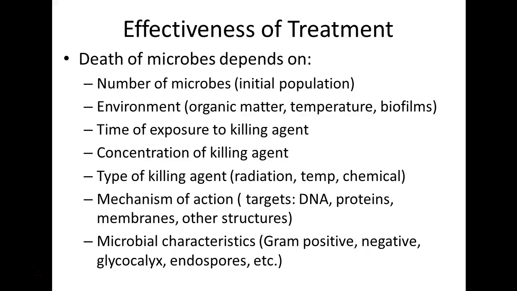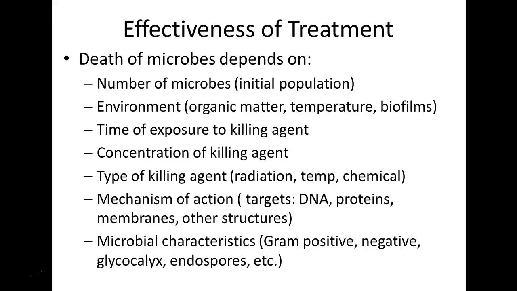Okay, so on to subject matter, effectiveness of treatment. If we want microbes to die, no matter what they are, no matter how hard they are to kill, if we have a killing treatment, and whether that killing treatment is high heat or radiation or a chemical disinfectant or whatever it is, how the microbes die is going to be dependent on some variables.